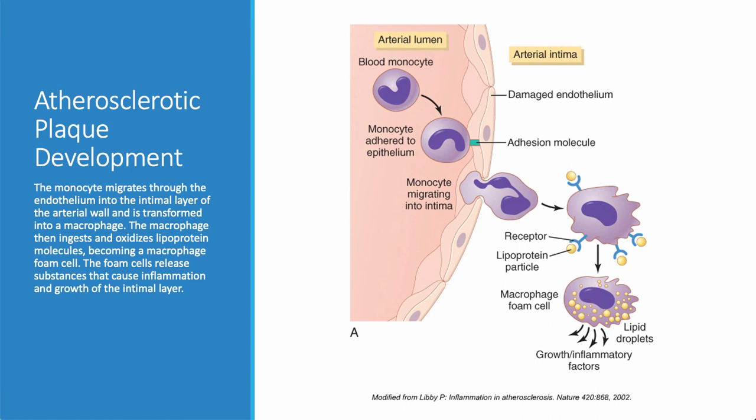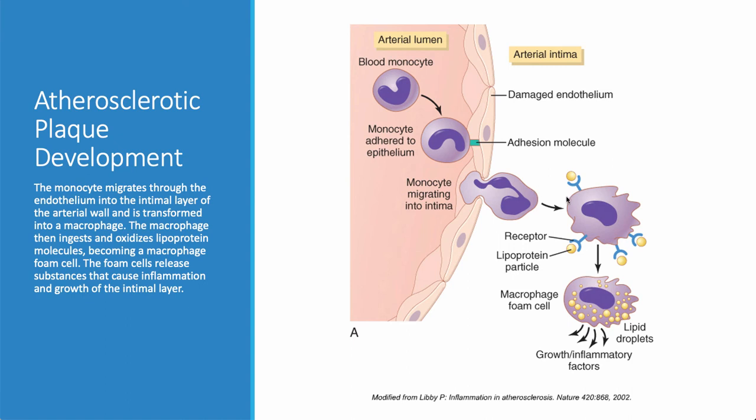So all that cholesterol stuff finally comes to bear at the cellular level in the vessel when the monocyte becomes a macrophage and the receptors here take up lipoproteins. Remember, the macrophage is really just a white blood cell that has migrated from the vessel and out into the tissue.